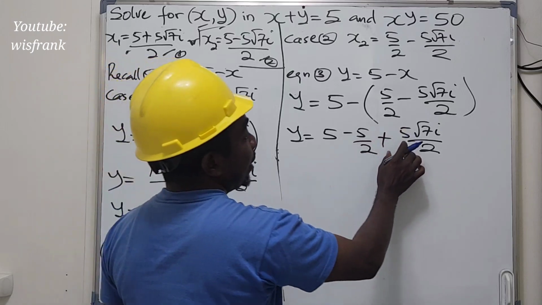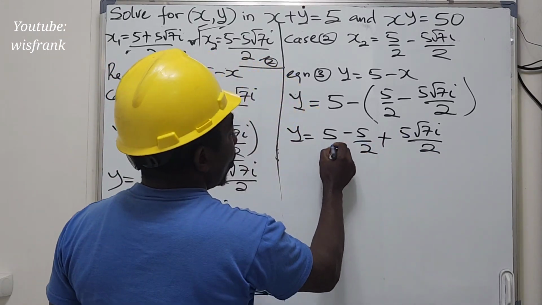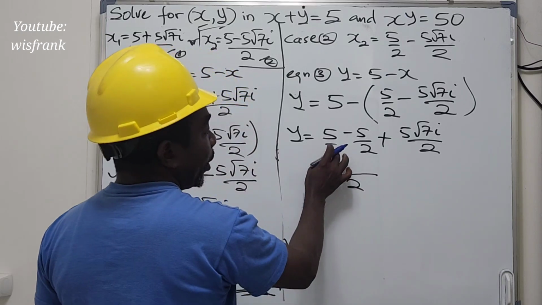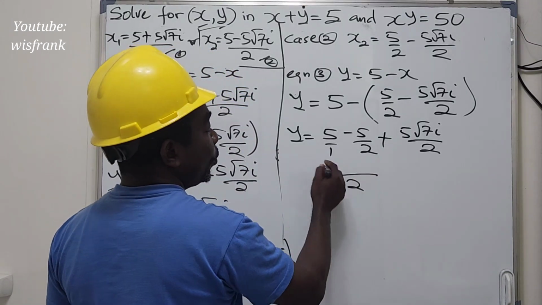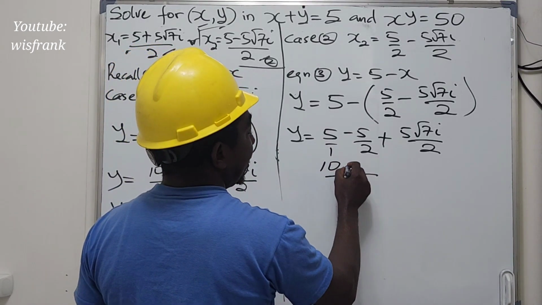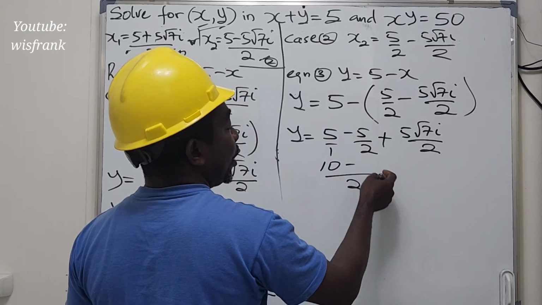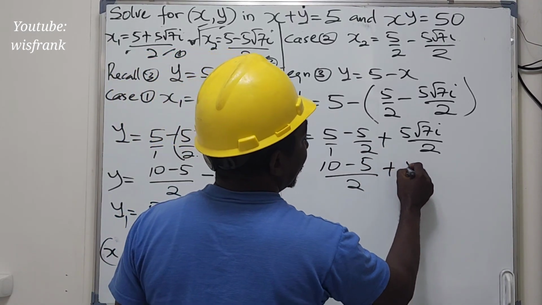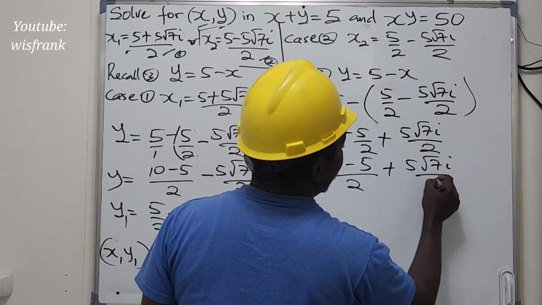So in this case, this is going to be 5 all over 1. We find the LCM of the 2, which is 2. 2 divided by 1 is 2, 2 times 5 is 10. Then 2 divided by 2 is 1, 1 times 5 is 5. So we have plus 5 root 7i all over 2.